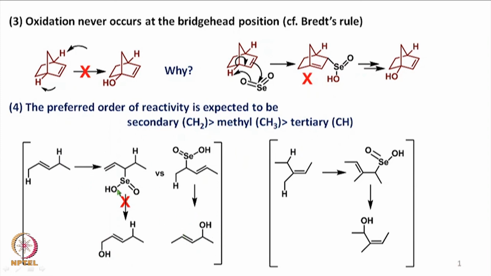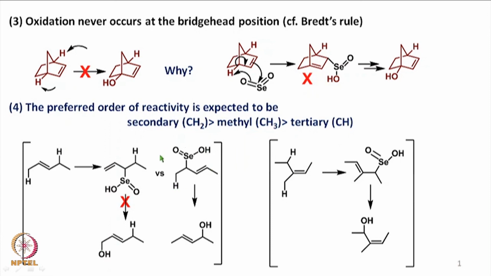Now, if we see the intermediates that are formed, then based on similar mechanistic consideration as we discussed above, we expect the formation of this selenium intermediate, in which, as we can see, the double bond is at the terminal position, and that eventually leads to the hydroxy group at the terminal position.